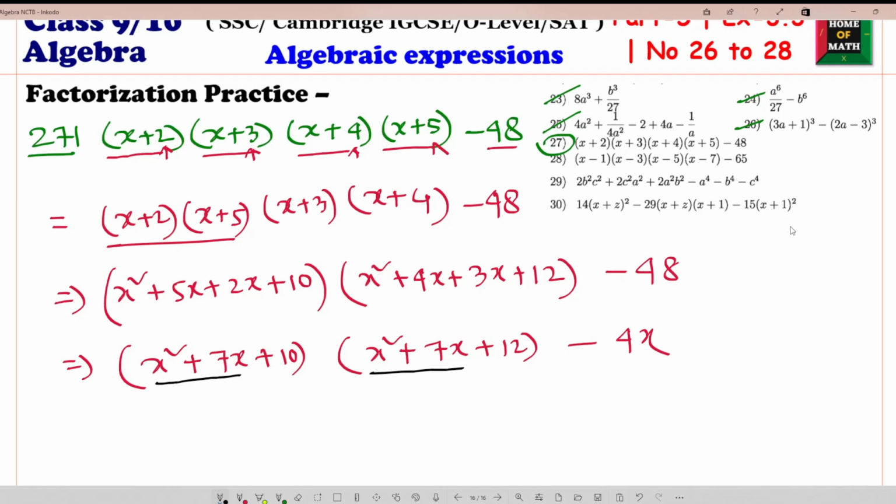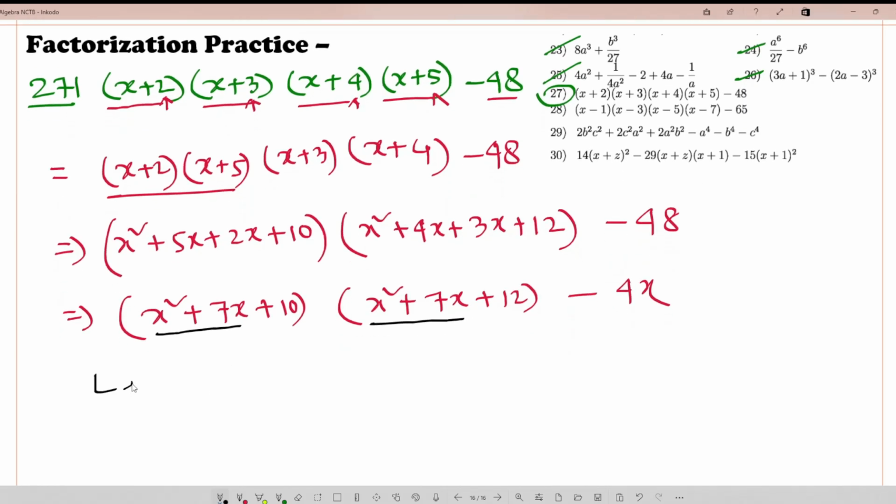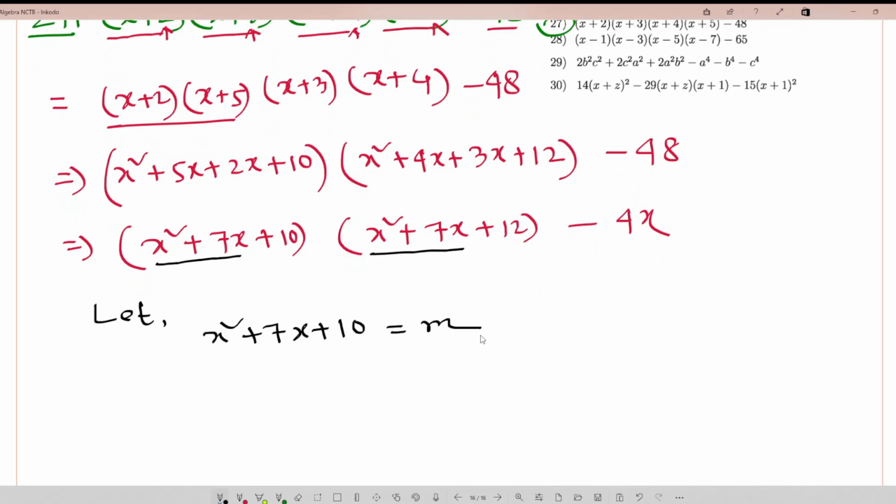So in this case, let x square plus 7x plus 10 equal m, right? So we can write, this one becomes m, and here is x square plus 7x plus 12. 12 means what? 10 plus 2.